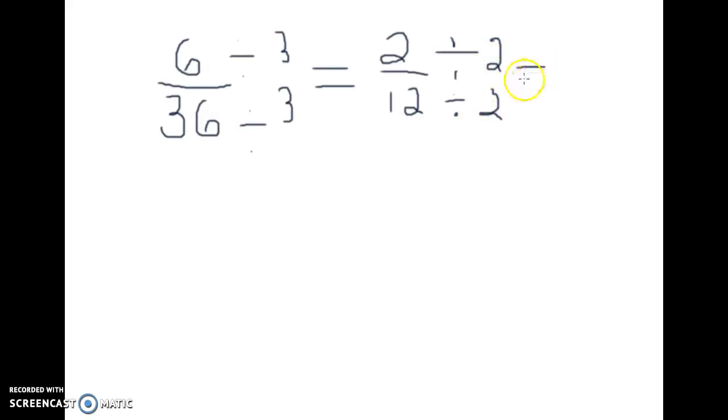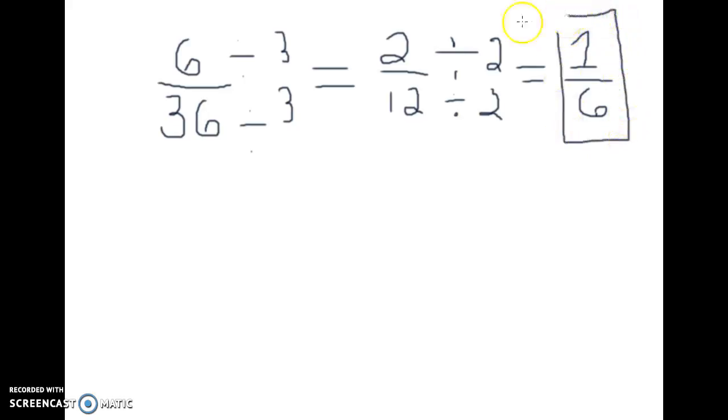We know that 2 divided by 2 is 1. We know that 12 divided by 2 is 6. So our new fraction is 1/6. Since this one has a 1 in the numerator, we know that that's as simple as it can get. So 6/36 equals 2/12, and it also equals 1/6.